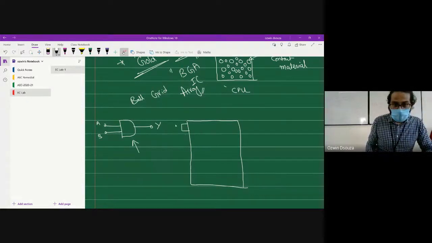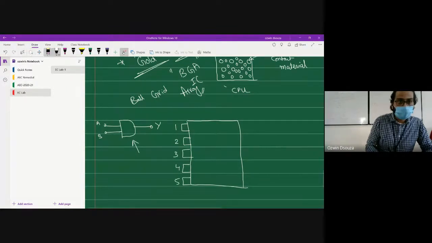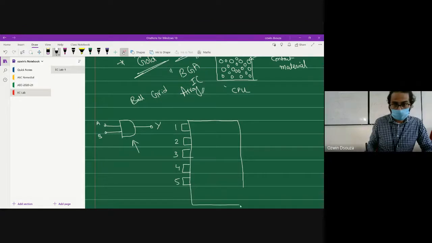So you will have to identify those gates properly. Let's say this is pin number 1, 2, 3, 4, 5, 6 and 7.